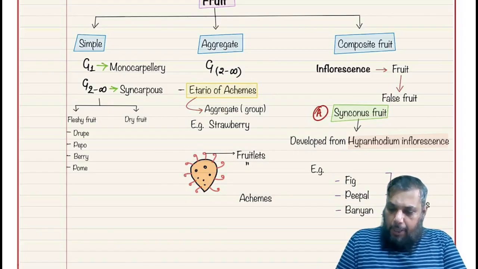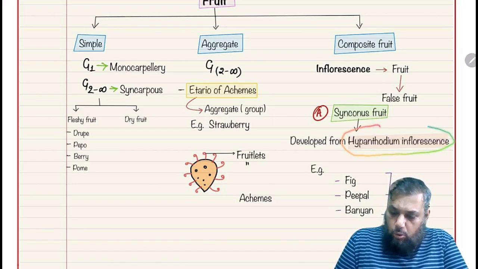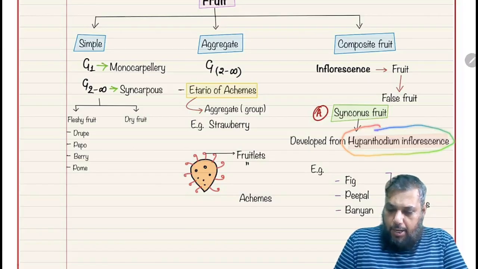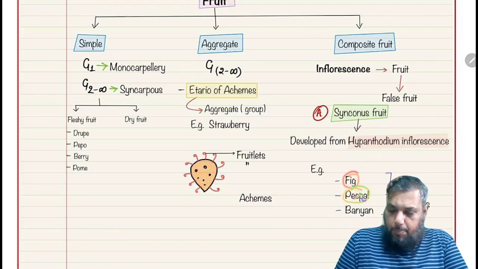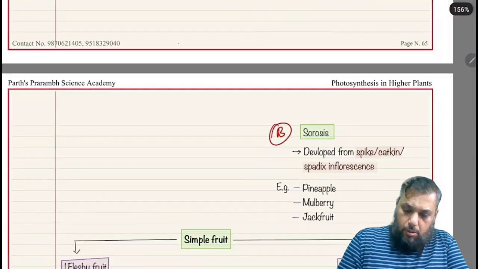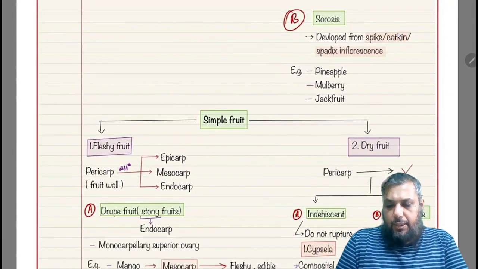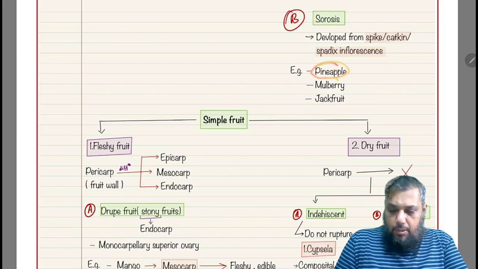And we have types in that, like the Syconus. Okay, and the Syconus develops from a type of inflorescence called as the Hypanthodium inflorescence. And its examples include fig, peepal, banyan. That is the ficus species. The second type is that which develops from a type of inflorescence called spike or catkin or spadix inflorescence. And its examples include mulberry, pineapple, jackfruit.